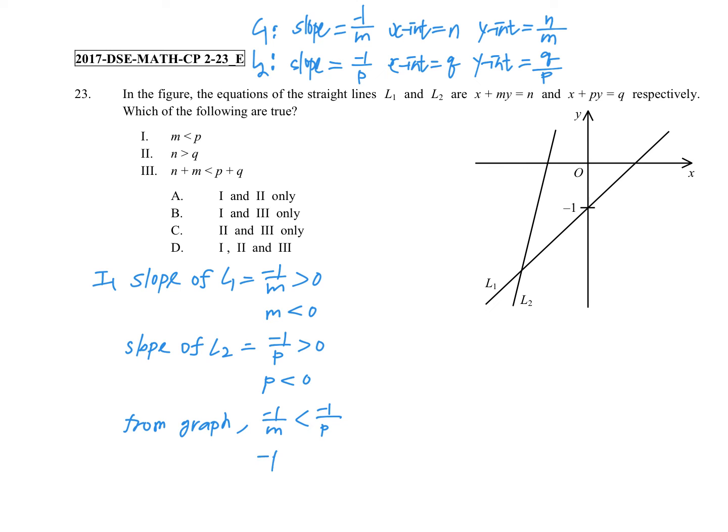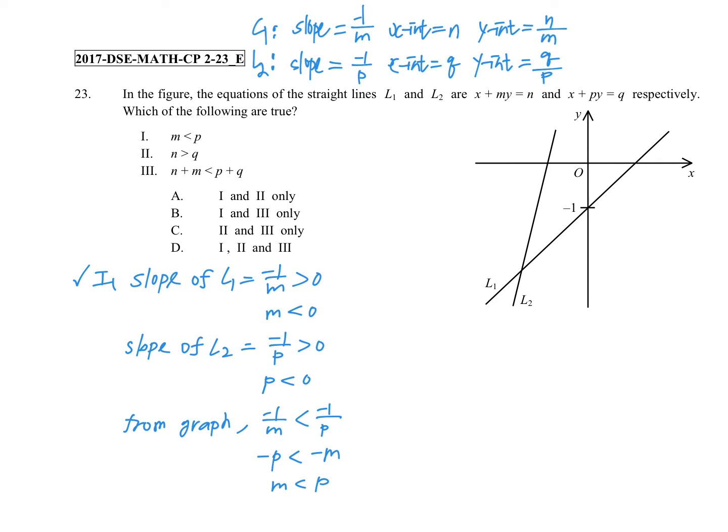So that's why -p is less than -m. And don't forget here, because p is negative, m is negative, so pm is positive. So we do not have to flip the inequality sign on both sides of the inequality. So p will be bigger than m, so that's why m is less than p.